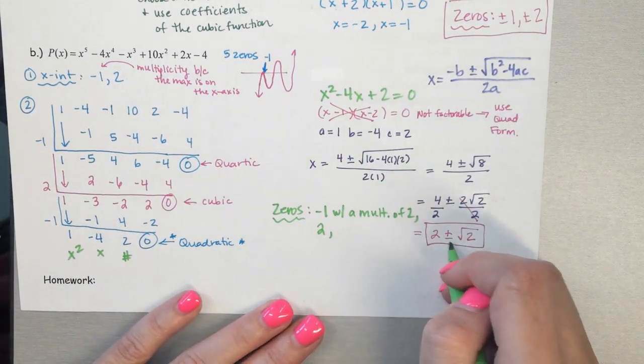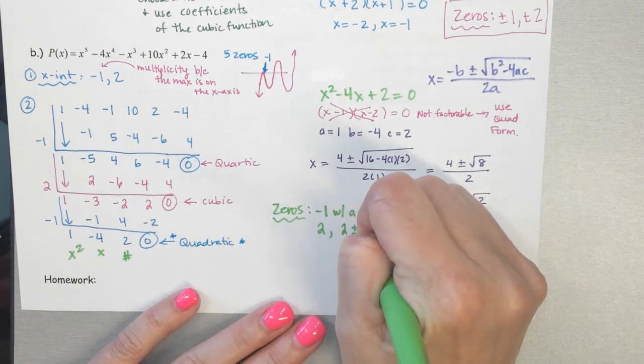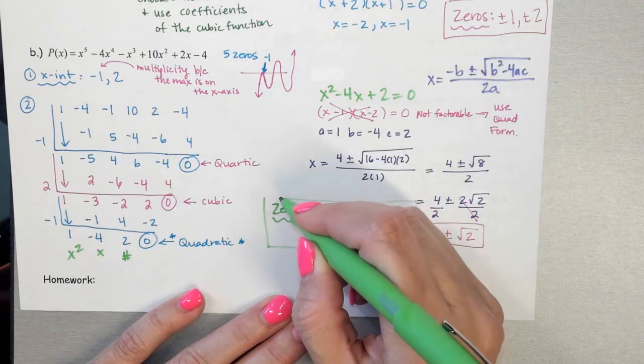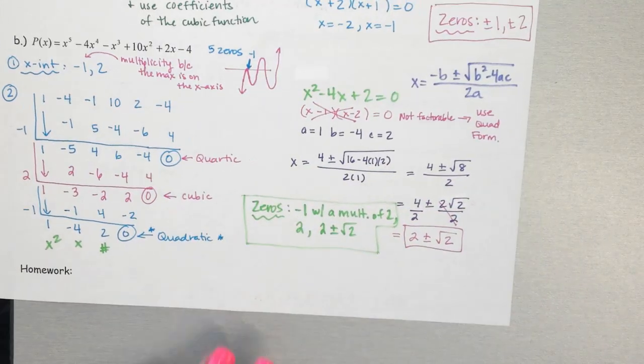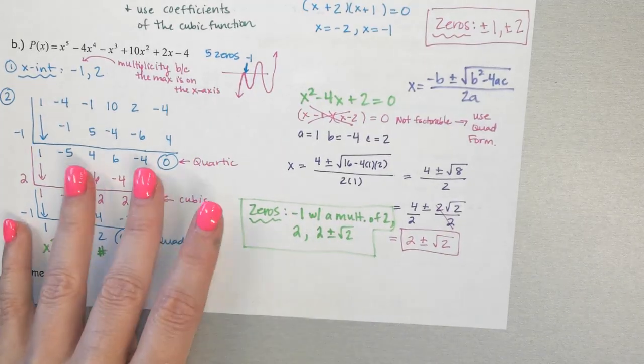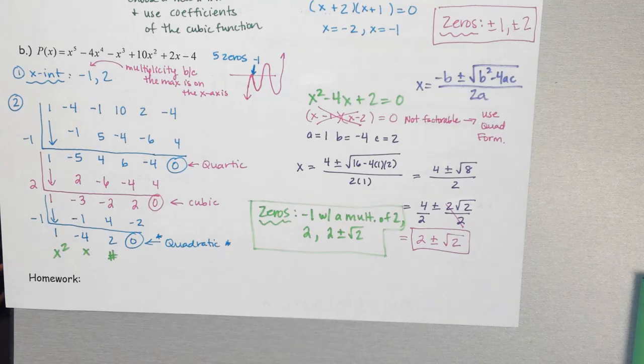And then remember, this plus and minus, those are 2 zeros. You can write them together. I just want you to understand how this adds up to 5. So -1 happens twice, that's 2. This is a plus and a minus, that's 4, and then 2 is the 5th one. Okay, so you do have 5 of those all together.